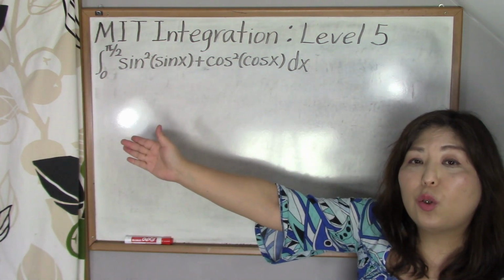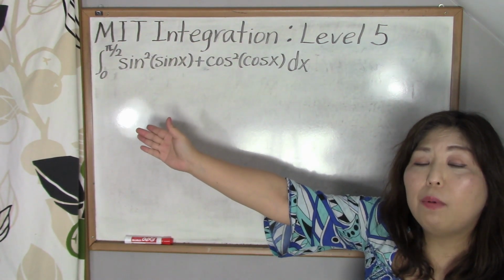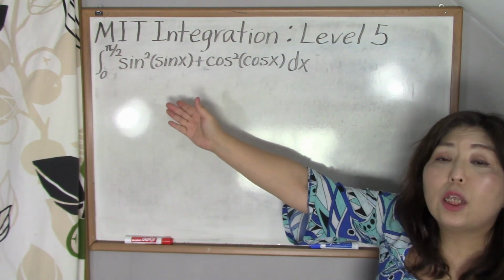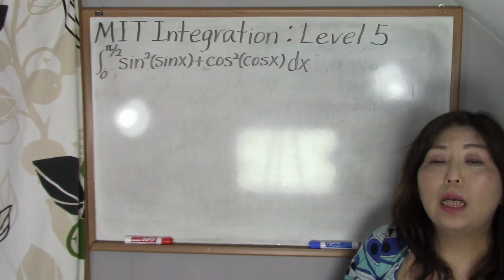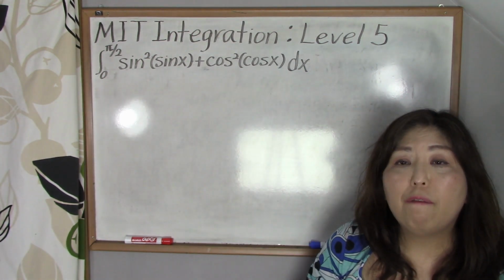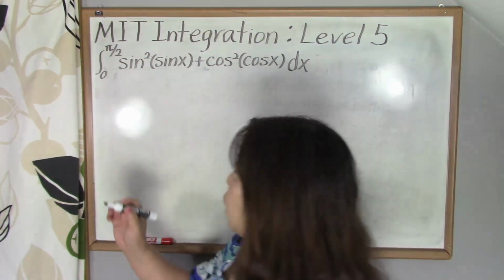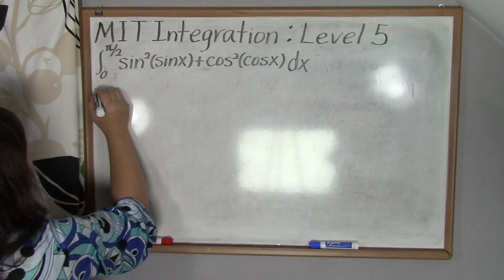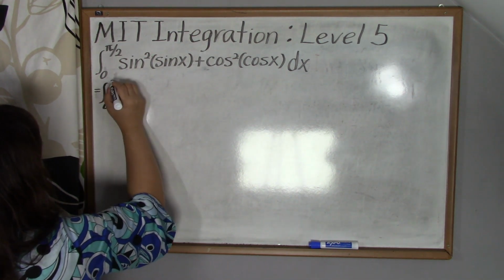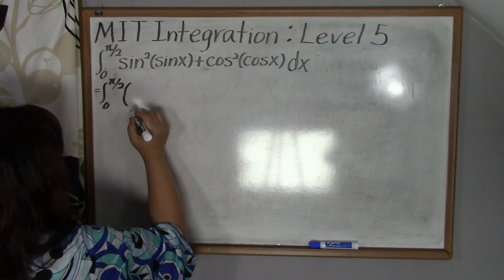Integral from 0 to pi over 2 of sine squared of sine of x plus cosine squared of cosine of x dx. First of all, we're going to change this expression by following trigonometric identities. So it is equal to the integral from 0 to pi over 2 of parentheses.